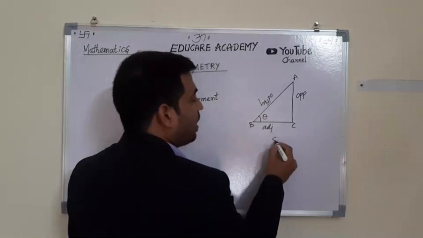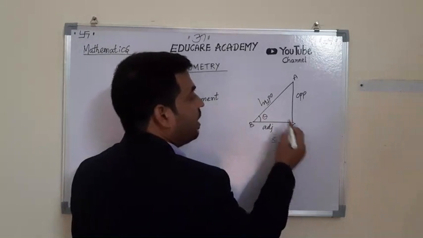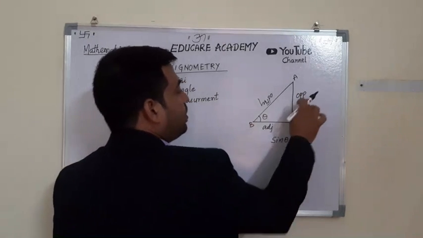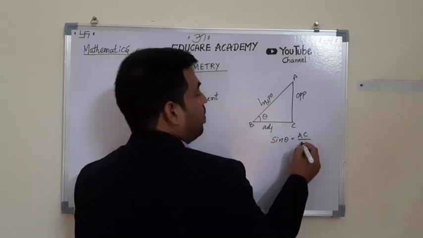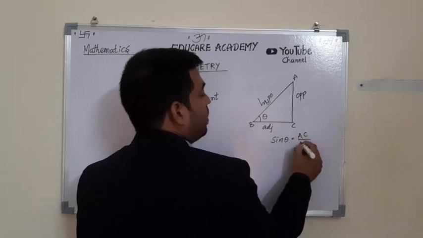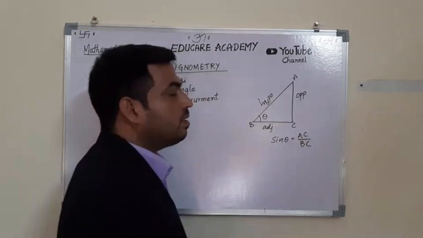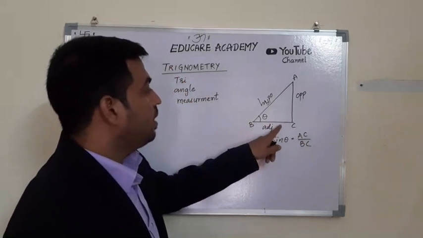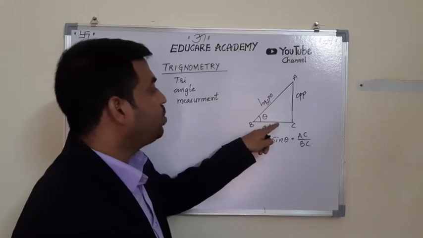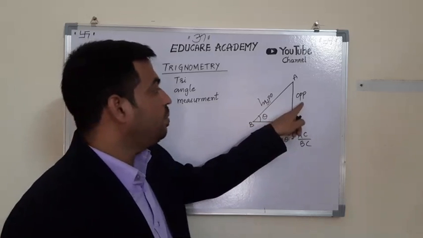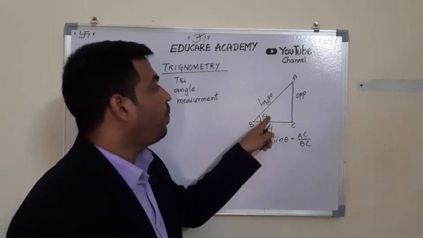So sine of that angle, sine theta, can be taken as opposite by hypotenuse. Opposite will be AC and hypotenuse will be AB. Adjacent side means the side which is very next to the angle. Opposite side means the side which is opposite to the angle.